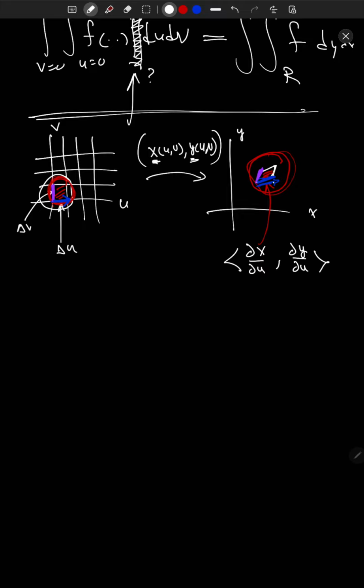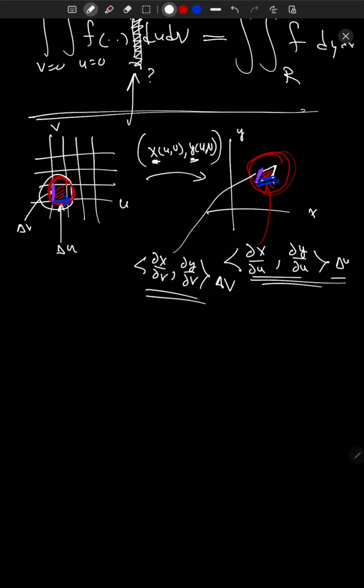And then this one right there is going to be dx dv, comma dy dv, times your deltas, delta u, delta v. So the length of this one is the length of that one, and the length of this is the length of that, roughly. That's the spirit behind what's going on.